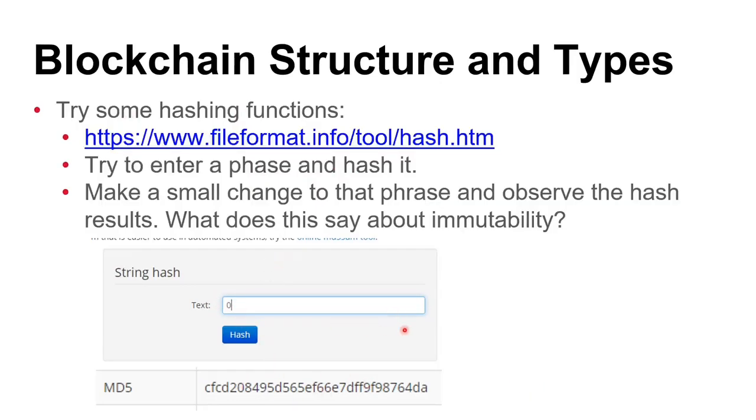So you can get an idea about any small change, and you can see how the hash changes. Obviously with just a single digit entry, anytime you change it, that would be a big change. But if you put in several characters and make a small change, you would see how much the hash changes. So take a look at that.